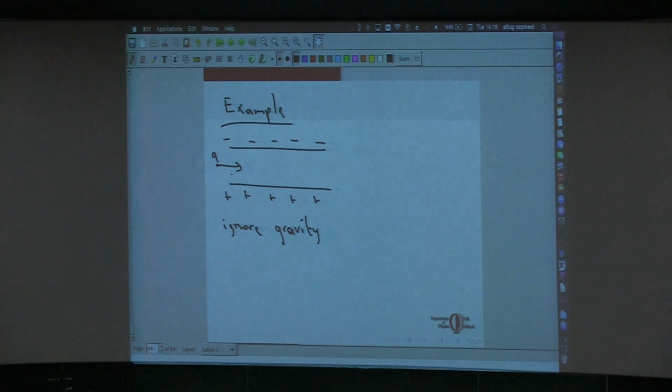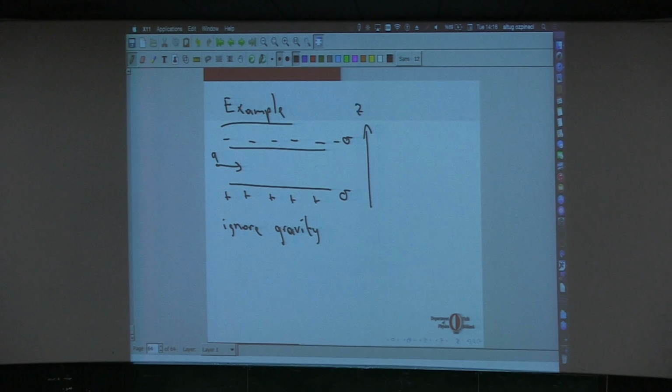Well, again, depending on the charge Q, the force it will feel, say this is plus sigma, this is minus sigma. Let's call this axis the Z axis. So the electric field will be in the negative Z direction or positive Z direction.